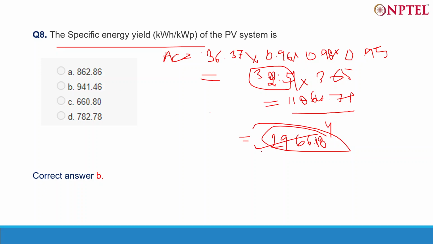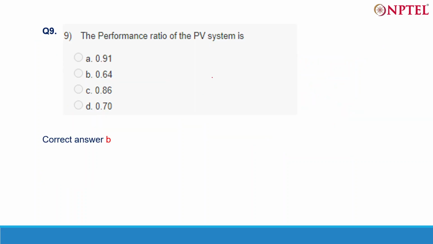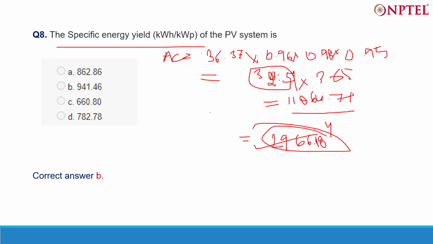Okay. The next question is performance ratio. So performance ratio is basically E actual, which you calculated, upon E ideal. Okay, so E actual you calculated this much. So what should be E ideal?